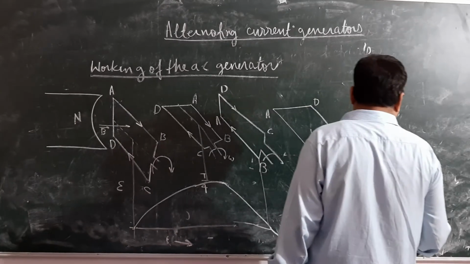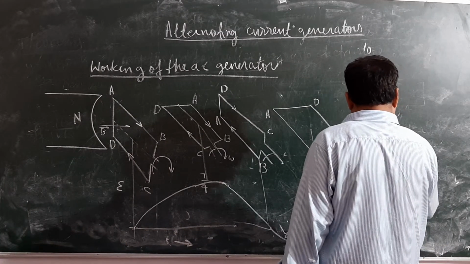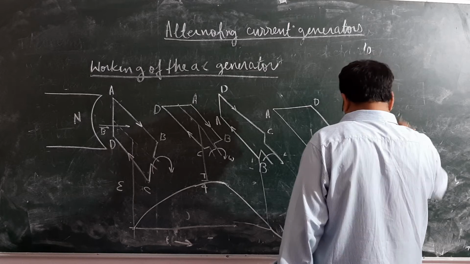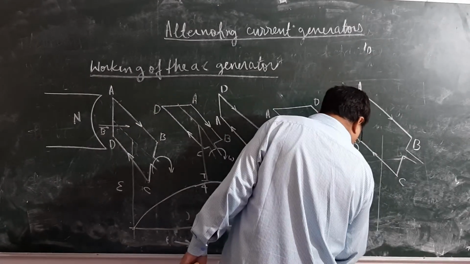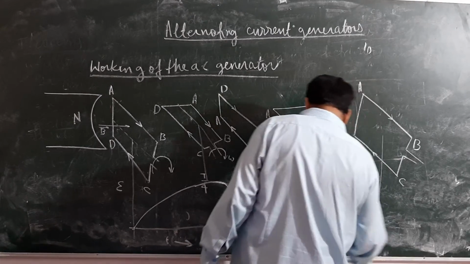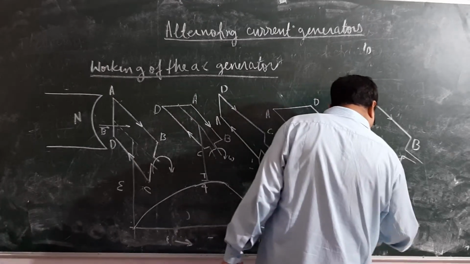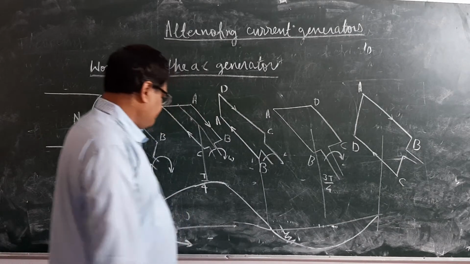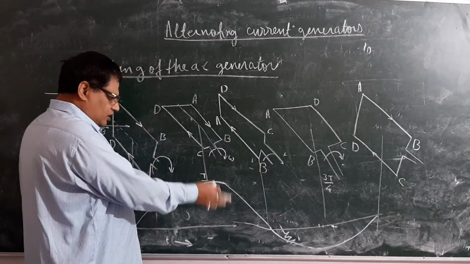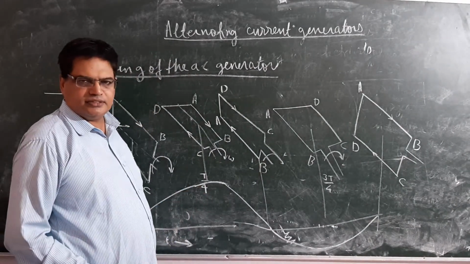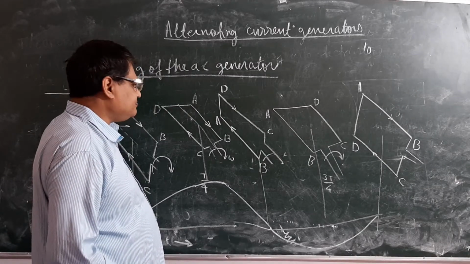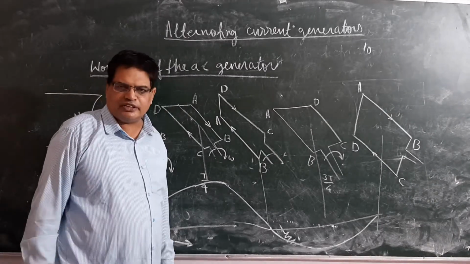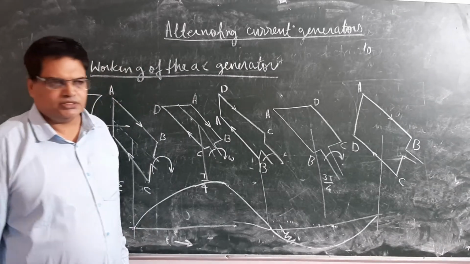The direction of the current will again be along this direction. And again it will be equal to 0. So corresponding to this position, the EMF will become equal to 0. So we will get an alternating EMF like this. We can also find out what is the expression for the instantaneous EMF.